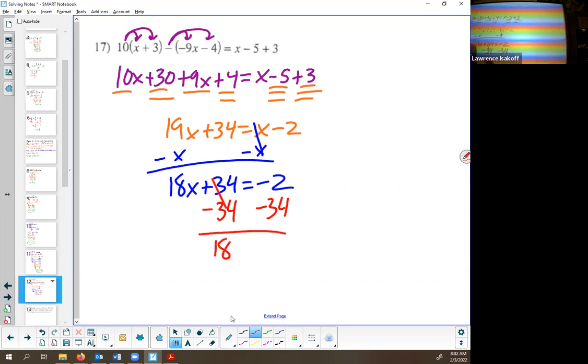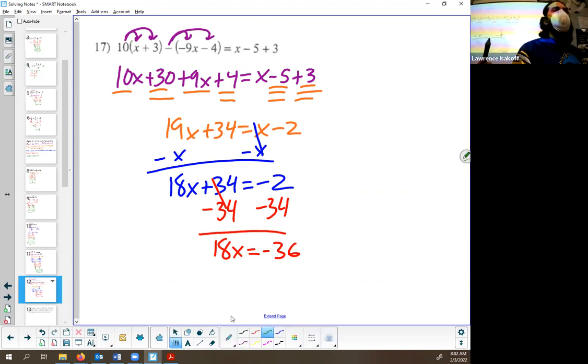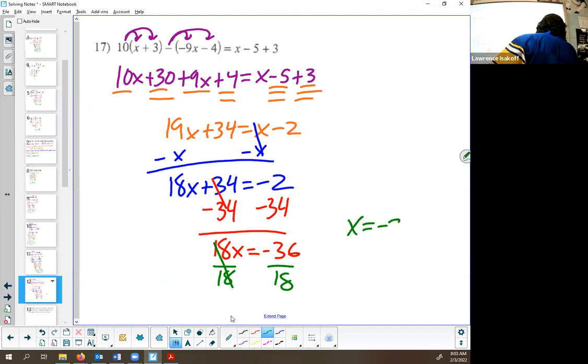And we get 18x is equal to -36. Finish it up. What do we do? Divide by 18. All this, and we just get an easy looking answer like x equals -2.